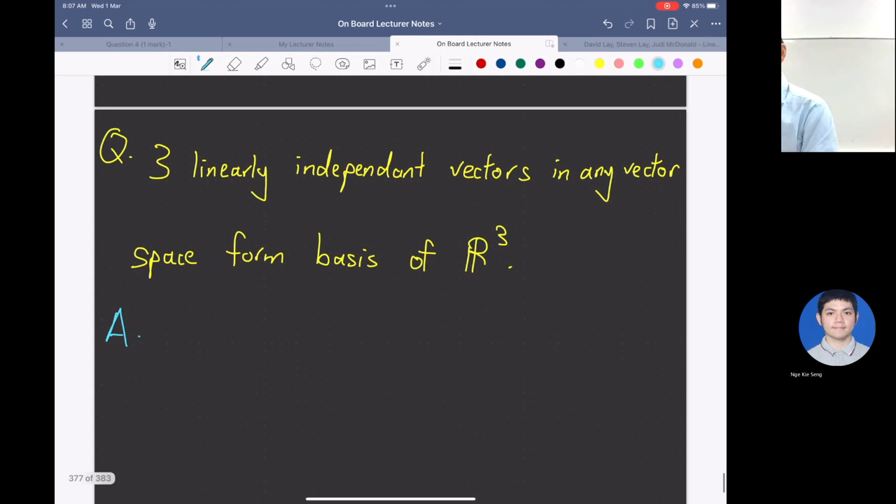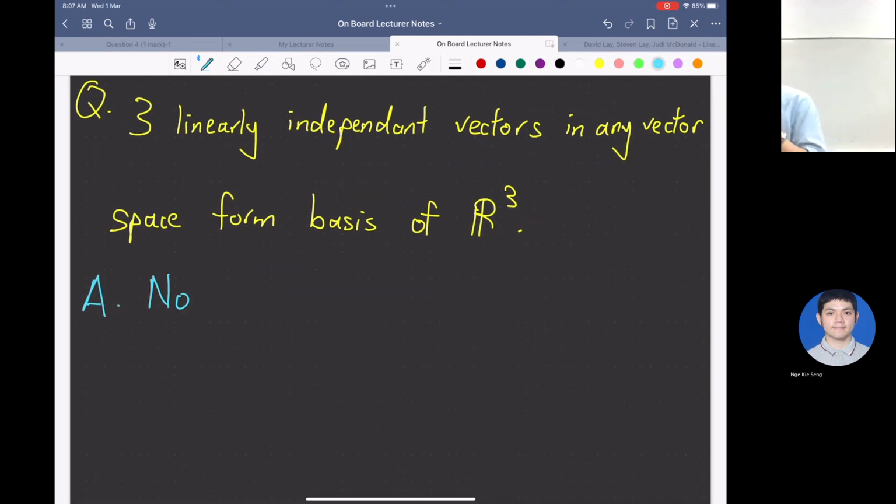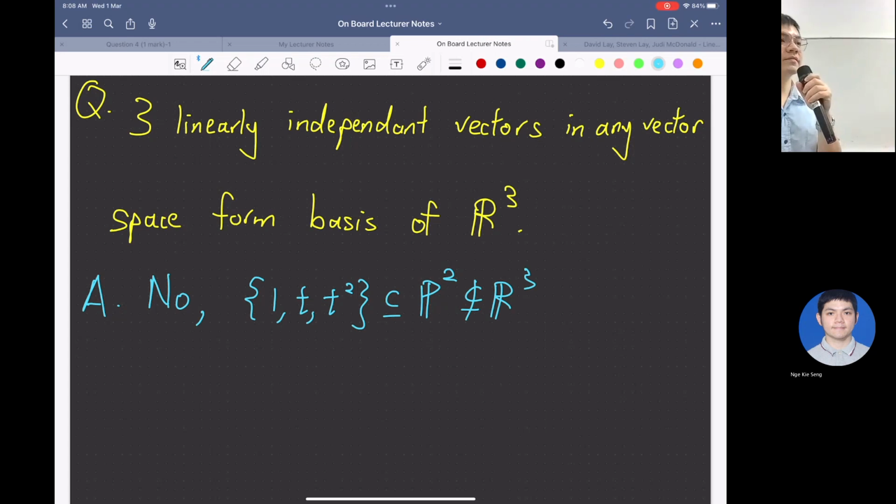So the answer is no. Because let's say if I take one, t and t squared, perfectly good linearly independent vectors in where? P2. Yeah, P2. But this is not a subset of R3, not an element of R3.